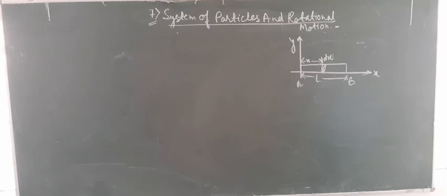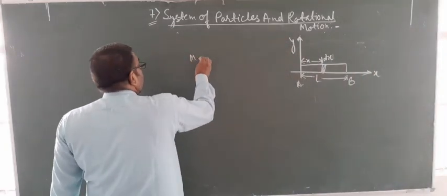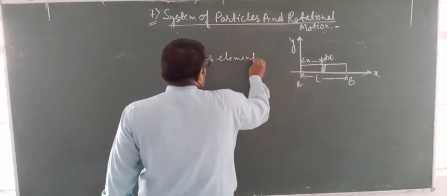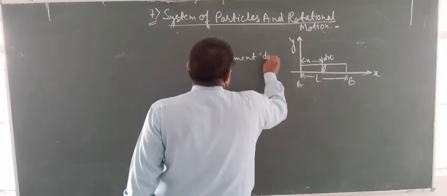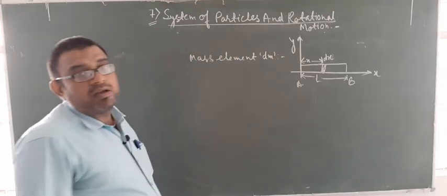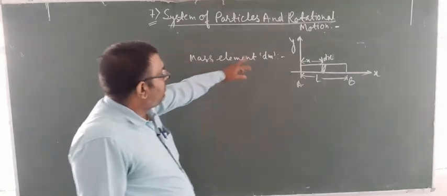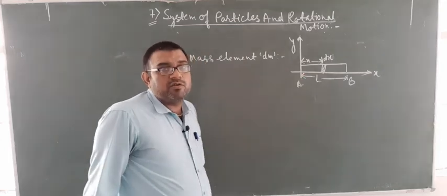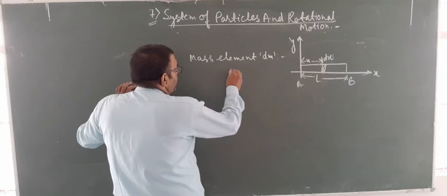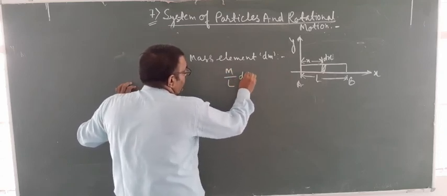Now the mass element dm. If we suppose the total mass of the uniform rigid rod is m, then the mass element dm is equal to mass per unit length into dx.